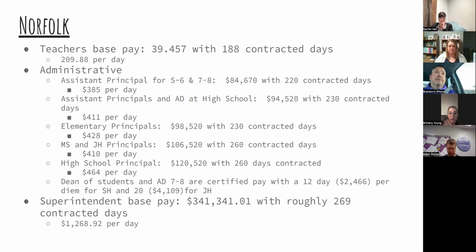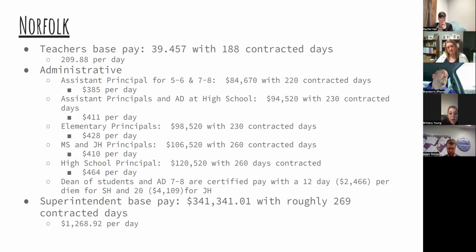84,670, and then you do 220 contracted days. If you're an assistant principal or AD for the high school, you're doing 230 contracted days and you're getting paid 94,520. And then if you're an elementary principal, you're doing 230 contracted days and you're getting 98,520.